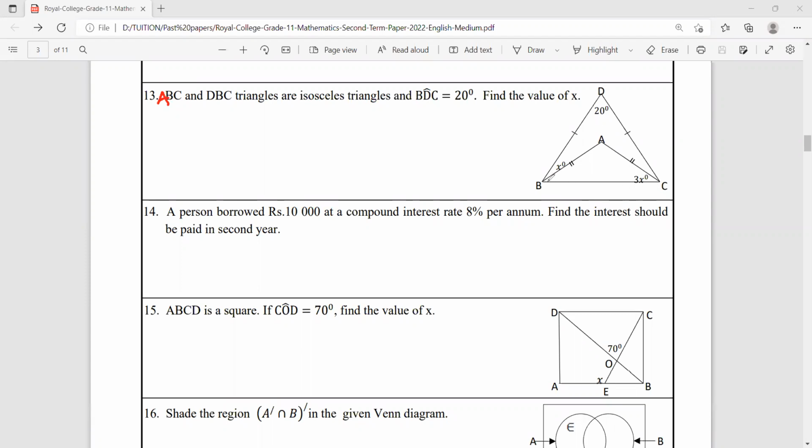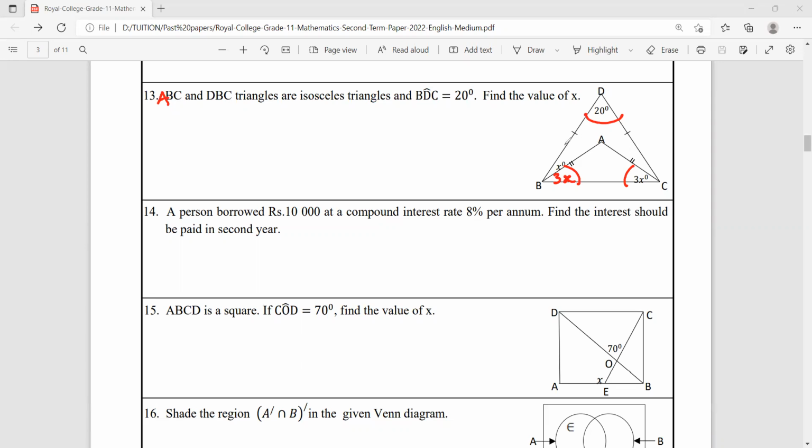Angle BDC equals 20, and this is 3x, and here you have to get this also as 3x because BAC is an isosceles triangle. Therefore these two angles should be equal, right? And therefore you have to find the value of x, right?